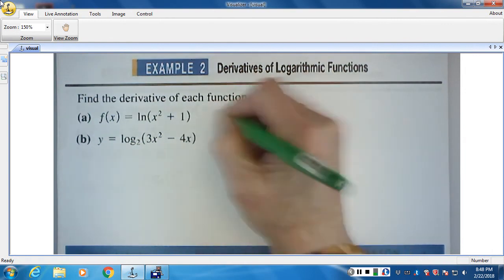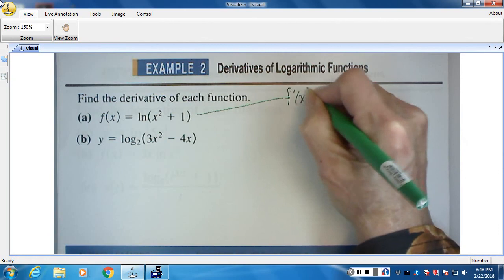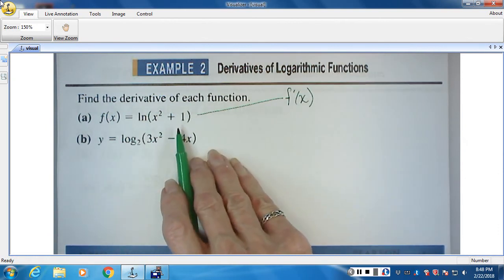Do part A first. The natural log of this expression. The derivative of the natural log of anything is 1 over the anything.